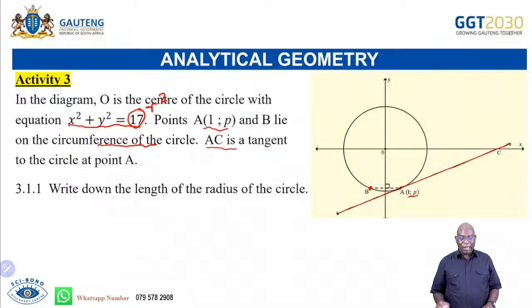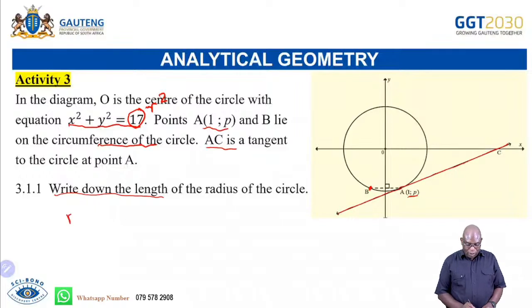Write down the length of the radius. Once they say that, there's not much that you must do. Just go to the radius, which is r squared in this case. So they want the length of the radius. Remember, r squared is not going to be the length. So r squared is 17. Now, how do I get the value of r?